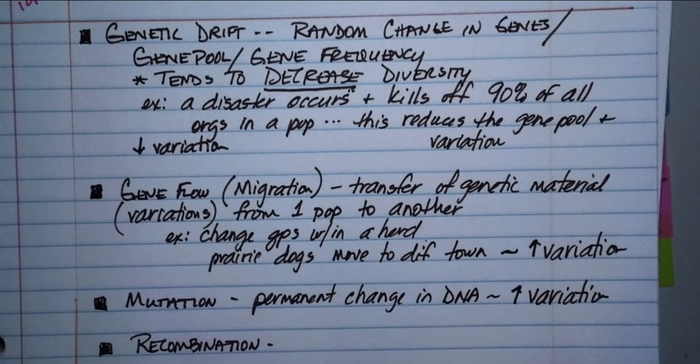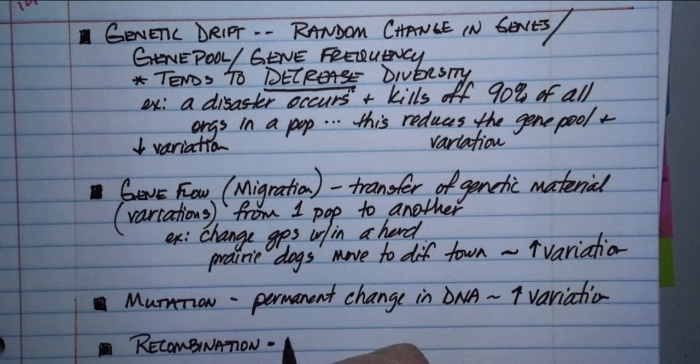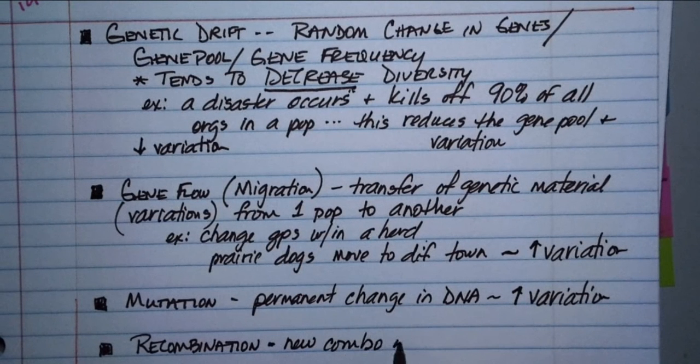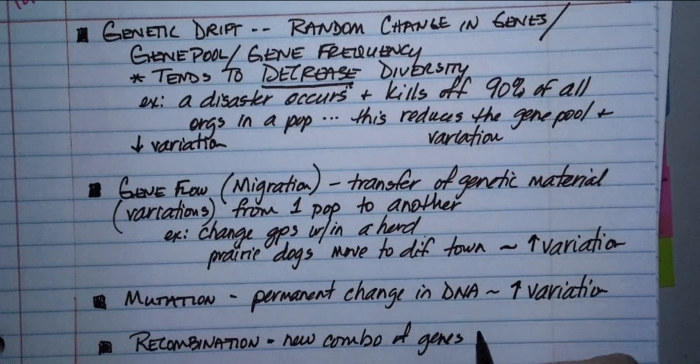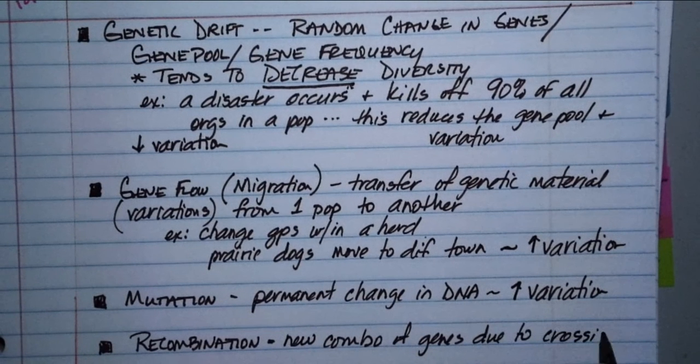But because of crossing over, remember we talked a little bit about crossing over, because of independent segregation on the chromosomes, each one varies a little bit. So you have a new combination due to crossing over. And that's, again, crossing over is when the chromosomes swap pieces of themselves, when they're getting ready to split into each of the sex cells.